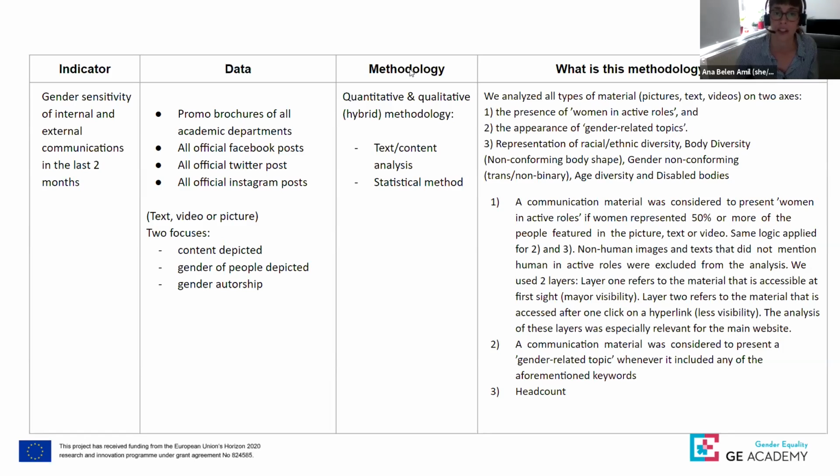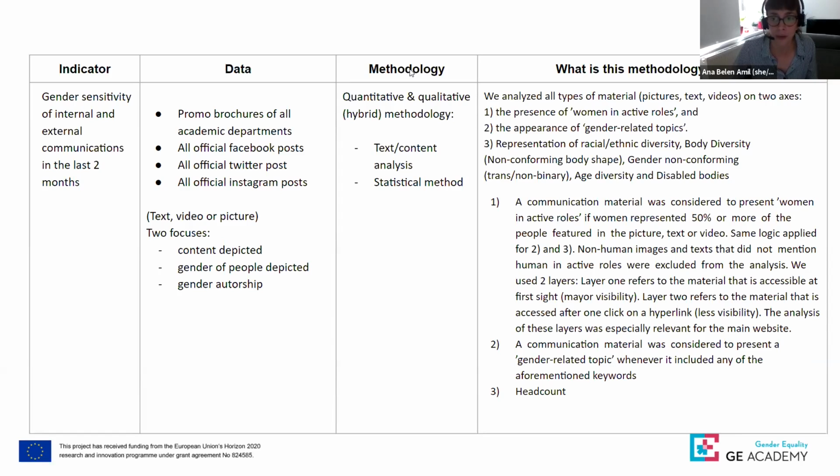We did not only focus on gender, but also many other variables as well. Regarding the first indicator, a communication material was considered to present women in active roles if women represented 50% or more of the people featured in the picture, text, or video.